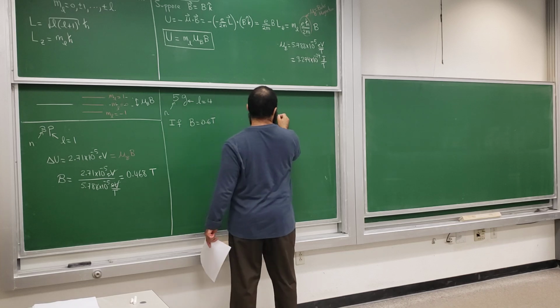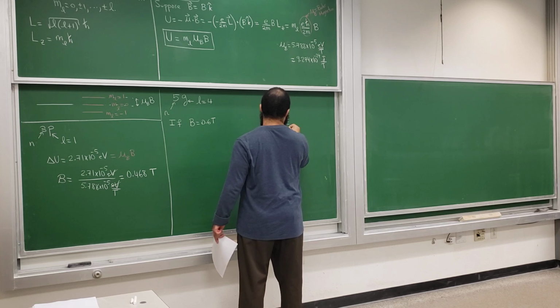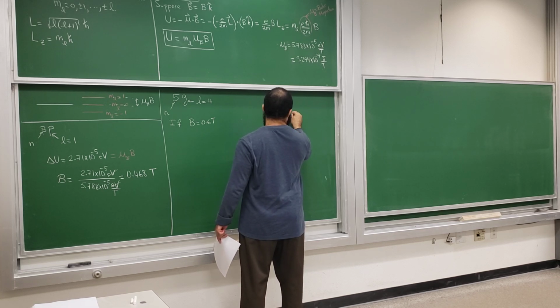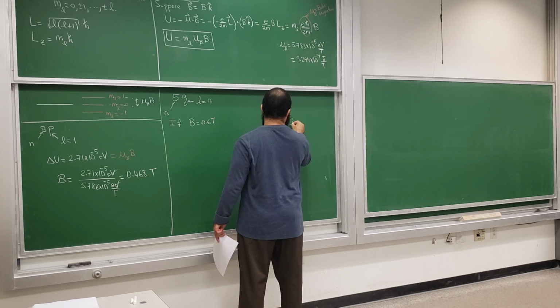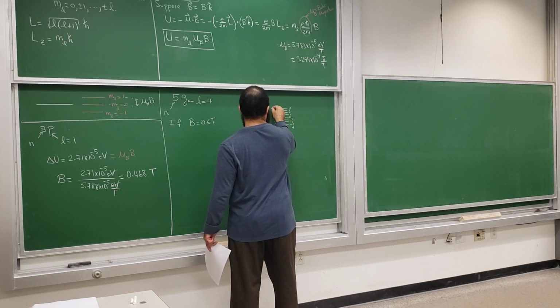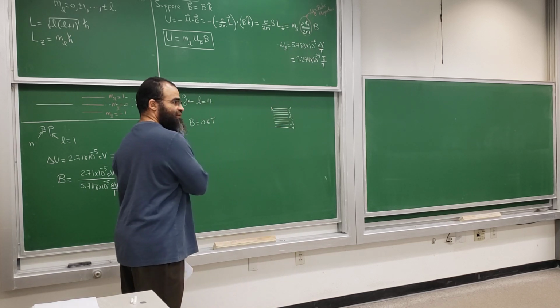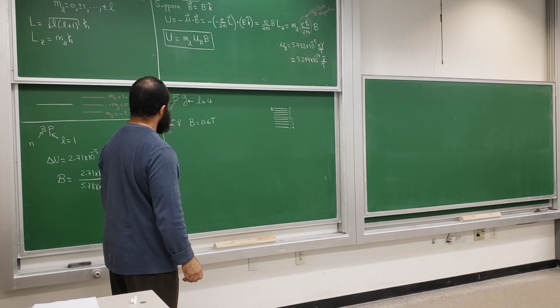So the energies would be here is 0, 1, 2, 3, 4, minus 1, minus 2, minus 3, and minus 4, right? What's the spacing between two energy levels? The first one? mu B times 0.6.